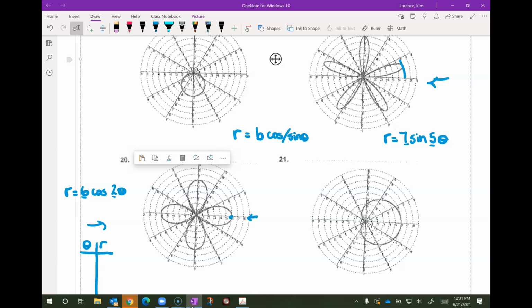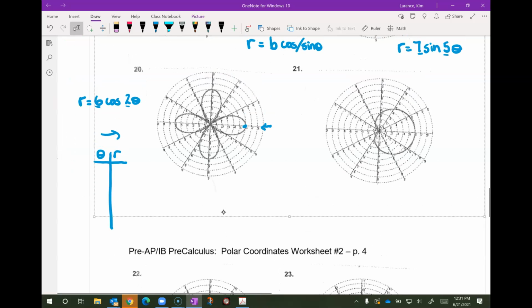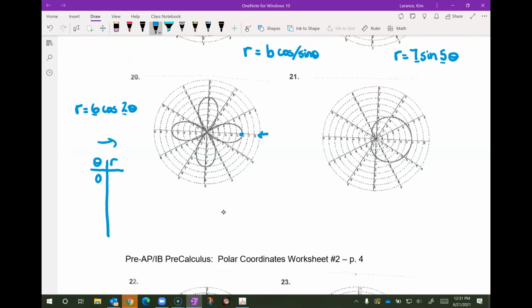So I'm going to start again at 0, and instead of pi halves, I'm going to go pi fourths. Now I've committed to go by pi fourths. So this is pi halves, 3 pi fourths, and pi. And I guarantee you we've already gone too many to just get one petal.